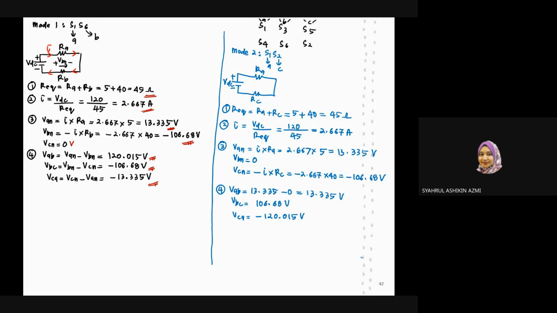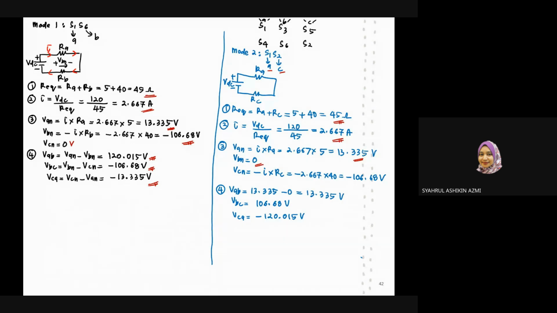Right. So for mode number 2, we have S1 and S2. S1 is the upper switch for phase A, S2 is the bottom switch for phase C. Okay, in mode number 2, the equivalent resistor is RA plus RB. You get 45 ohm. The current, VDC over R equivalent, you will get 2.667 ampere. Okay, and then your phase voltage VAN is 13.335.